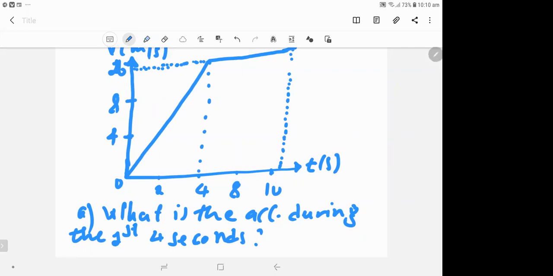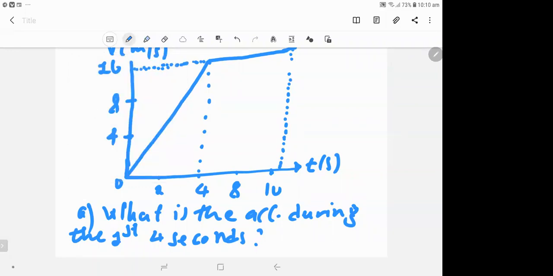This one is 16, I have said, not 10. 16. This one is your velocity. What about this one? Your time. What is the acceleration during the first 4 seconds?